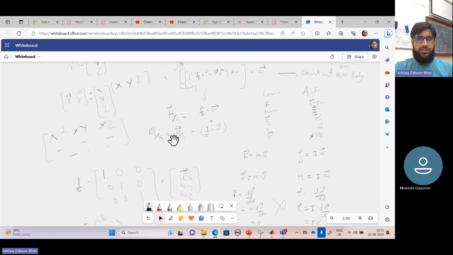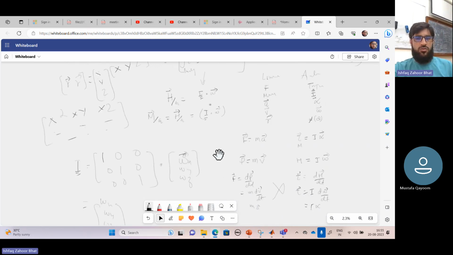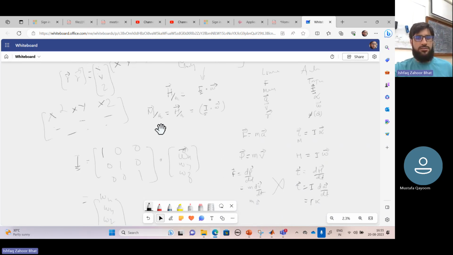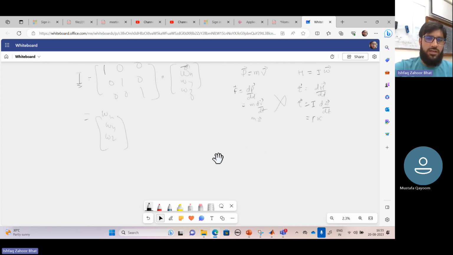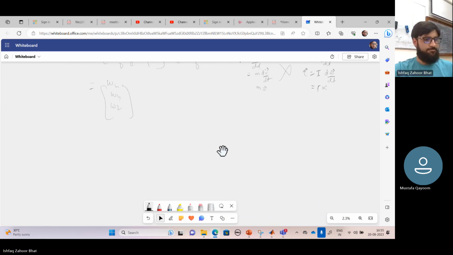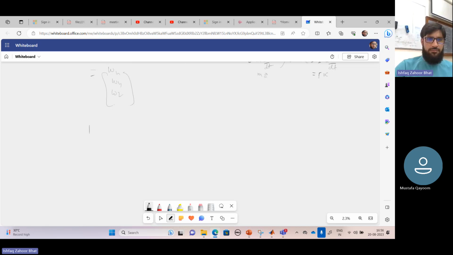Then using this equation, let's further do it and see what we will get. Basically, we have reached till this point, so let us go beyond. We have M with respect to G equal to H dot.